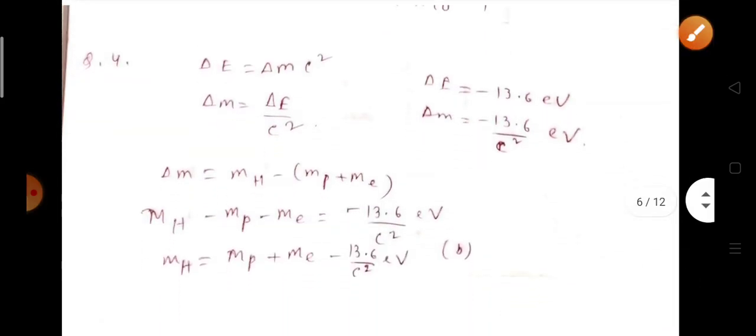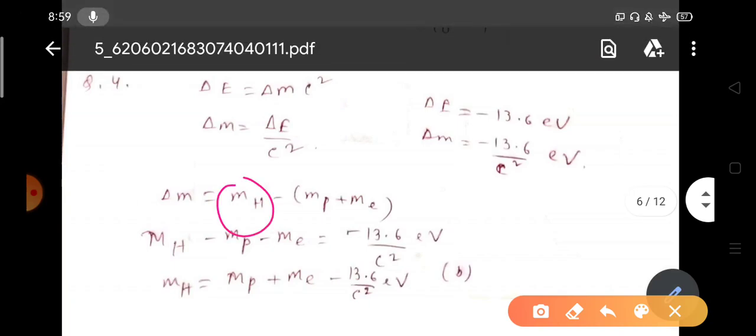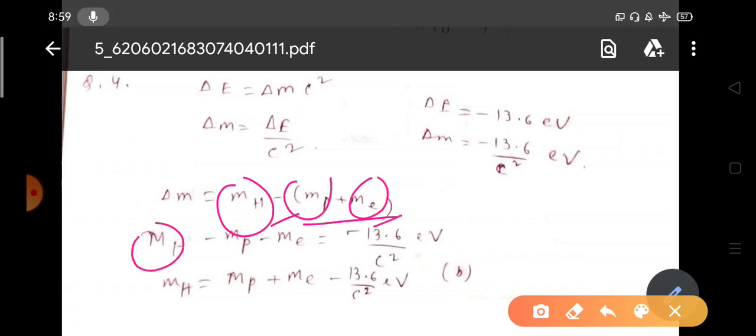So delta M can be written as the mass of hydrogen, that is Mh, minus the discrete masses of proton and electron, that is Mp plus Me. So Mh minus Mp minus Me becomes delta M, that is minus 13.6 divided by c square electron volt.